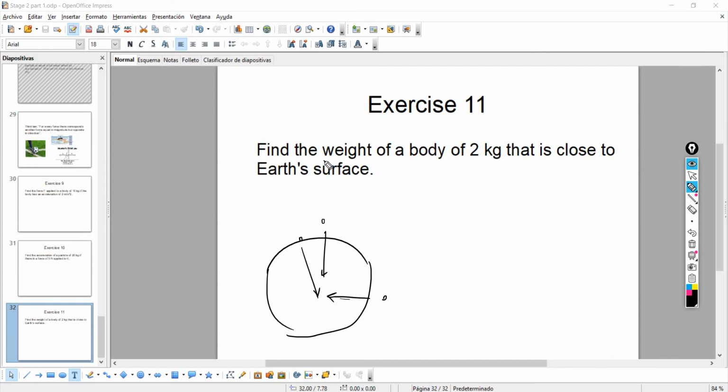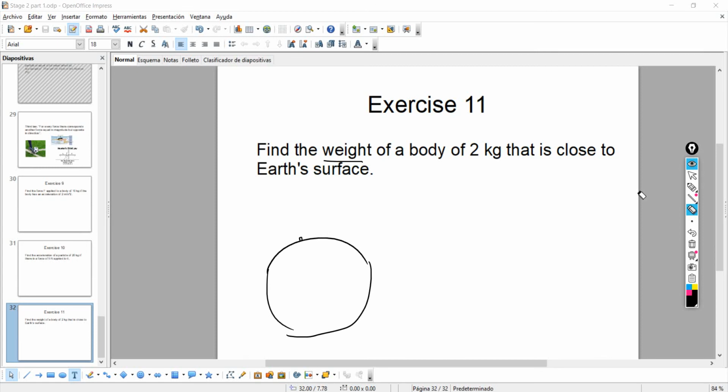So weight is a force that the planet Earth applies on this body if the body is close to the surface. It can be at the surface or on an airplane or at the top of Mount Everest, something like that. And the more you get further away, the less weight you will feel. So how do I find the weight of this body?